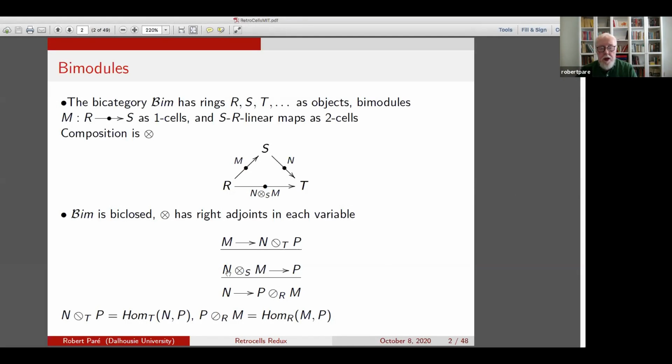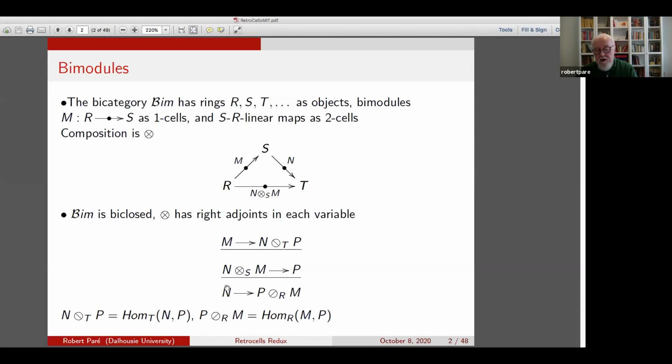And so here, maps from N tensor M into P are in bijection with maps from M into, this is a HOM here, and it's also in bijection with maps from N into P over M. So P over M is the right HOM from M to P, and N under P is the left HOM.